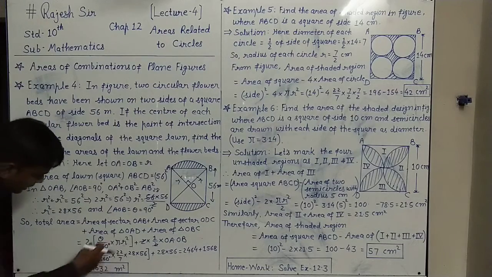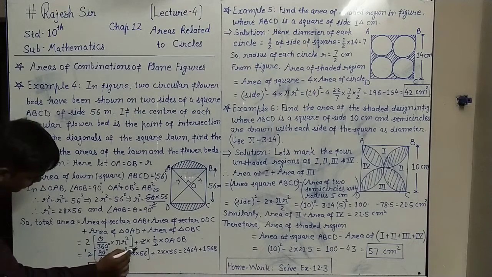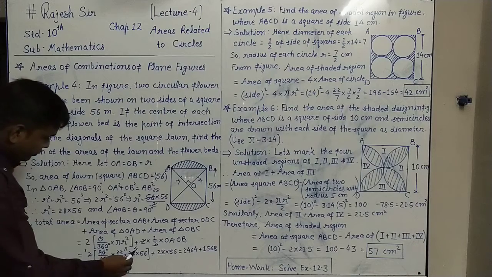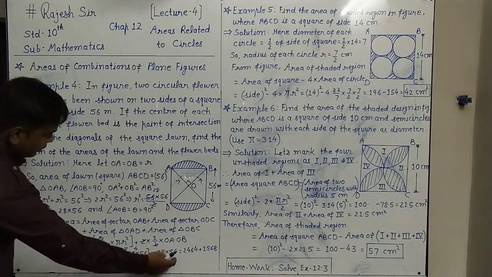Here in this part, you can understand 0 0 cancel, 9 4s are 36, 2 1s are 2, 2 2s are, and 2 11s cancel, 7 4s are 28. So what we have is 11 into 4 into 56 in this part, plus here we have 28 into 56.